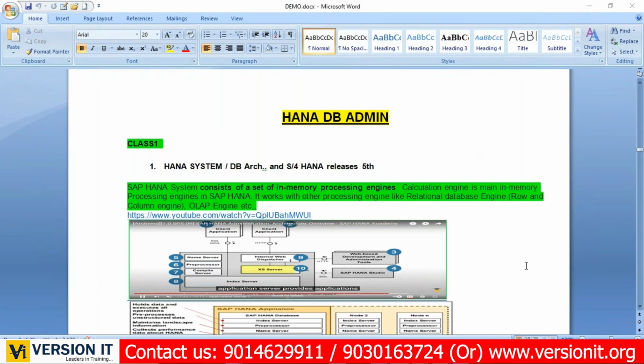What does this statement mean? Simple, guys. If you are running a company wherein your decisions need to be taken instantly, the traditional databases are not so appropriate to give the reports instantly. What does it mean?